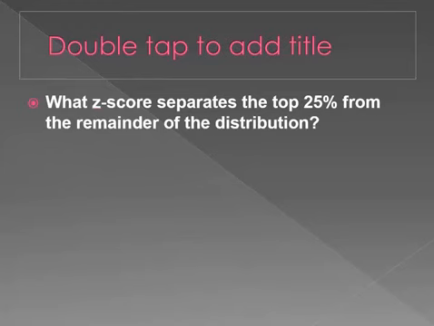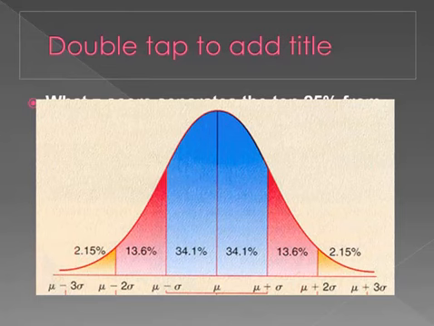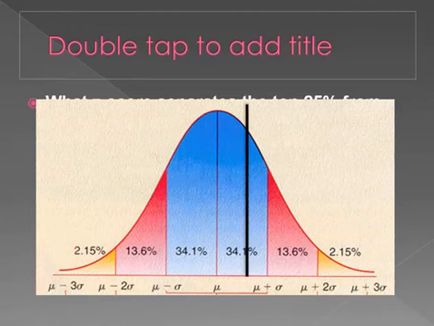And how do we figure this out? Well, we draw a normal distribution and we approximate exactly where we might think that whatever z-score it is we're trying to find would be at the sort of 25% mark of the distribution, right? So here we draw our normal curve, and I'm going to use this one as an example because it's got all these percentages sort of factored in here. And I don't know, here's what I think it might be, right?